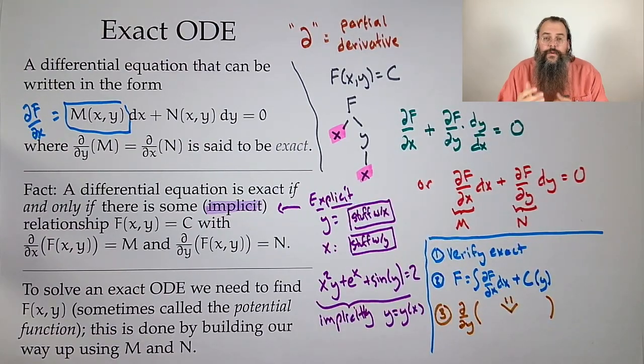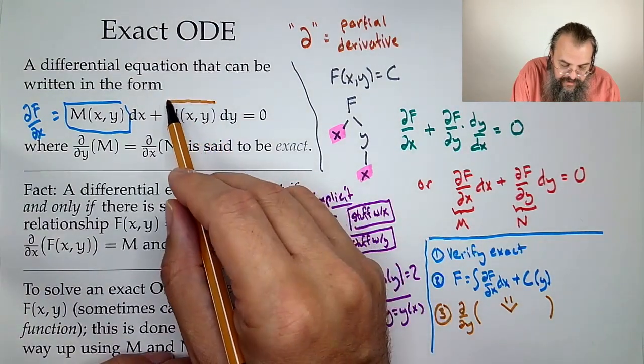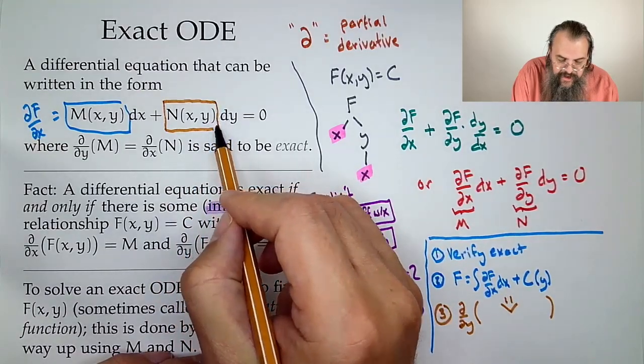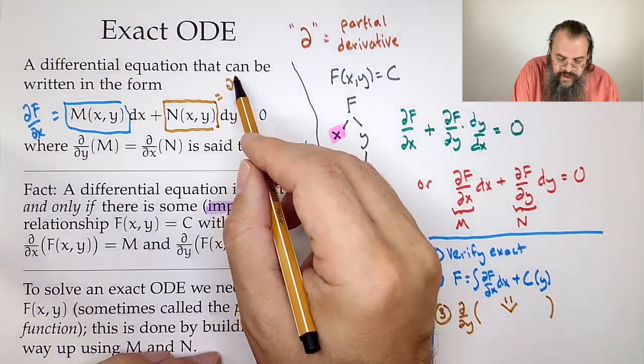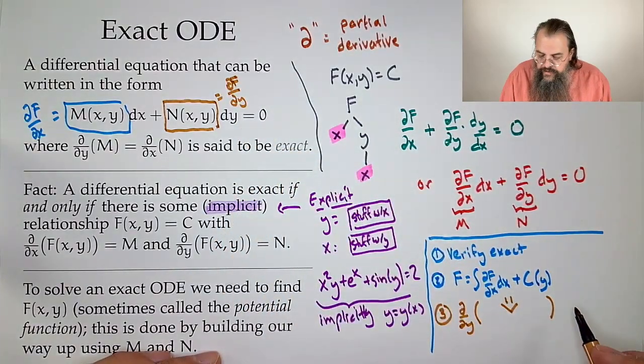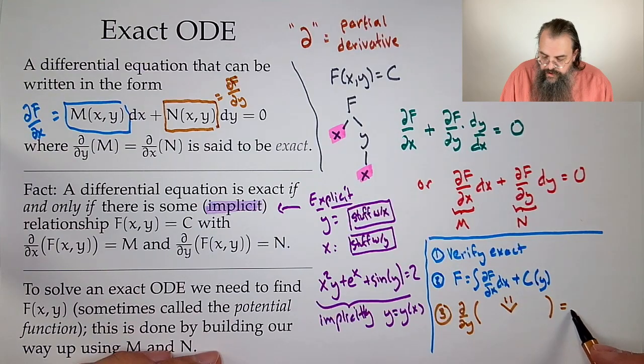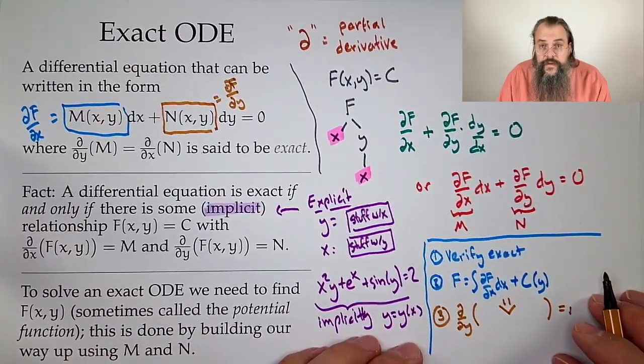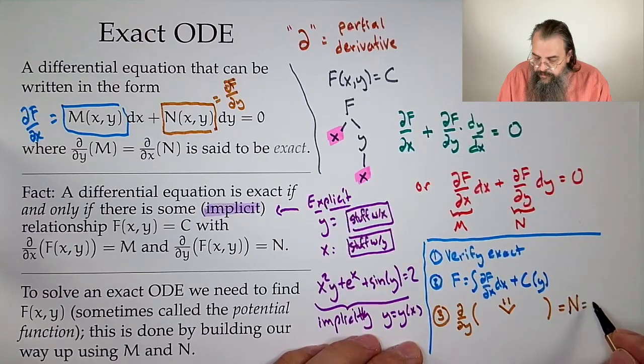What would that be? That would be partial f partial y. Do we know anything about partial f partial y? And the answer is yes. It's here. This is our partial f partial y, and so this is equal to what we'll call N.